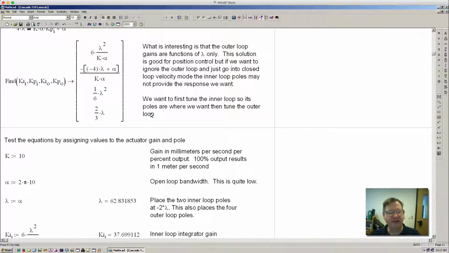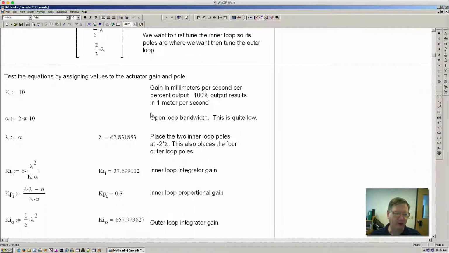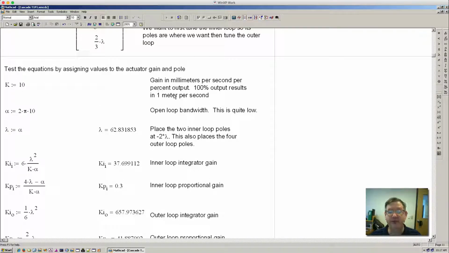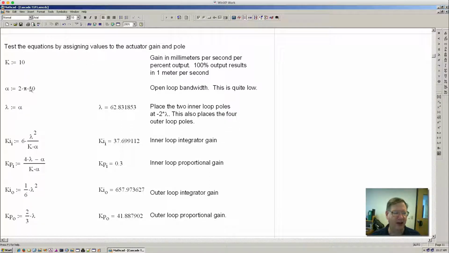So let's test this out. I'm going to assume that I have an open loop gain of 10 millimeters per second per percent output. So at 100% output, I go 1 meter per second, or 1,000 millimeters per second. I have my bandwidth, which is quite low, but I do that to make the responses more visible.